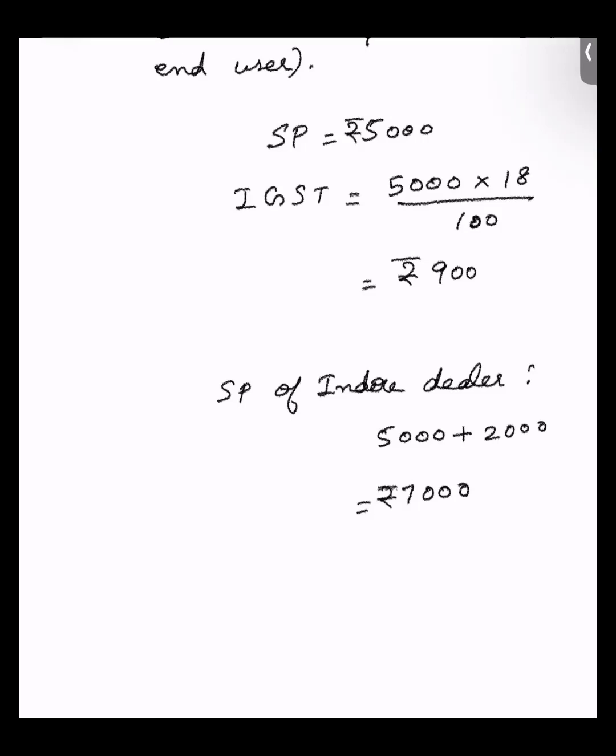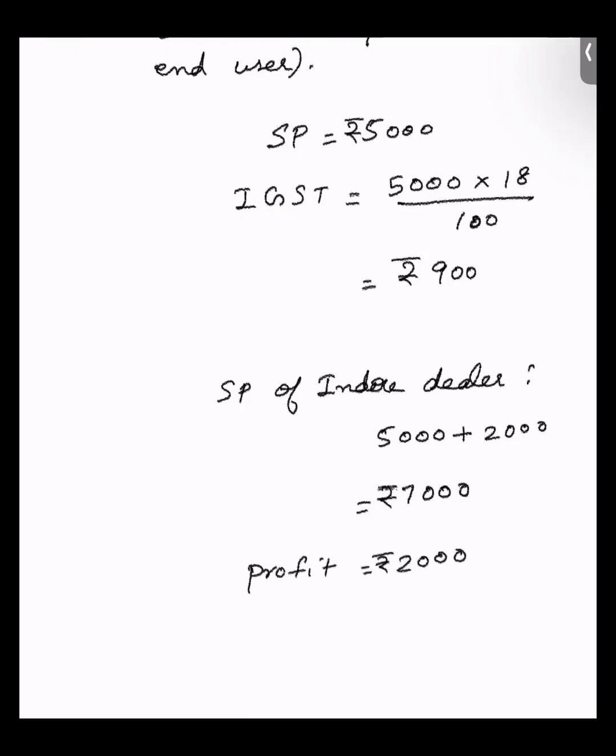Net GST payable by the dealer in Indore, you can calculate in different ways. One way is you can calculate CGST and SGST, and then subtract output tax minus input tax. Or the easiest approach is to find the tax on the profit. Here profit is 2,000 rupees.